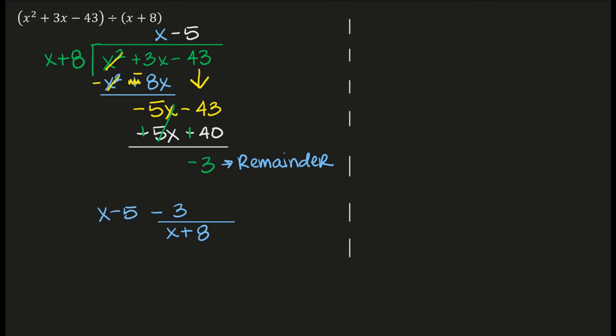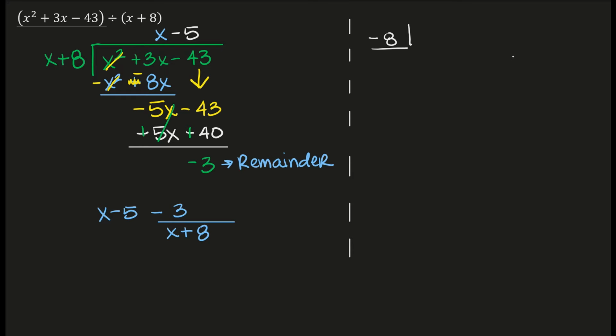With synthetic division, what you'll do is you will take what you're dividing by, x plus 8. So we're only going to work with this number here, the 8, and we're going to go ahead and change its sign. So here I have negative 8, and we're only going to use the coefficients from this polynomial.